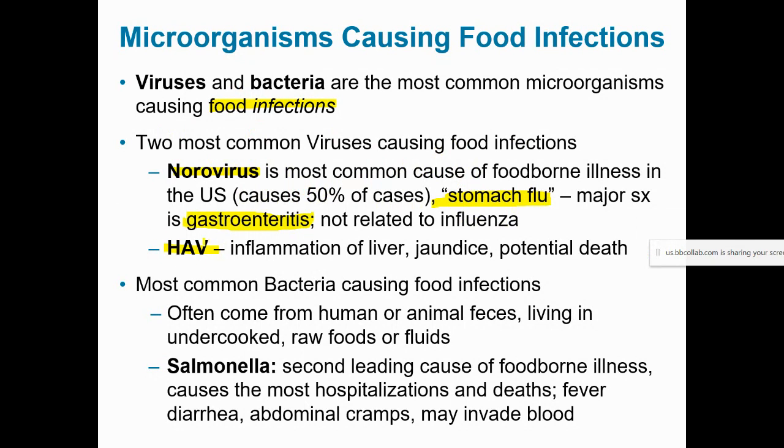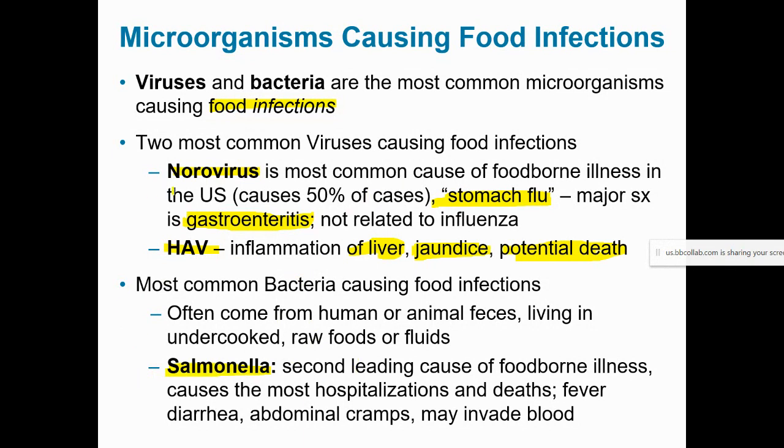And then HAV is inflammation of the liver. You would even see jaundice in severe cases, that yellowing of the skin, and also potential for death. Of bacteria, the most common bacterial infection comes from salmonella.